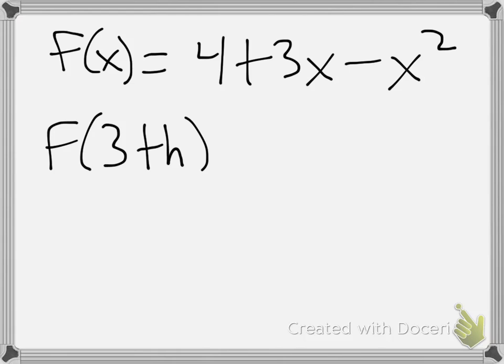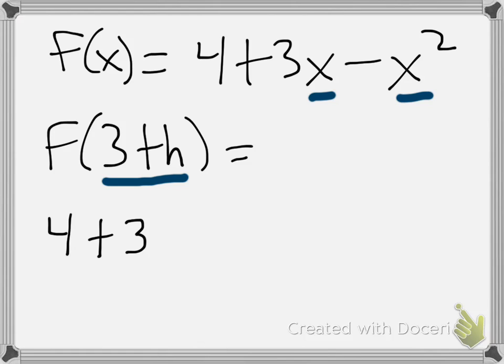So that whole expression, 3 plus h, that is now x. So everywhere I see x, whatever was happening to the x before, that's my x, 3 plus h. So what I need to do is take 4 plus 3 times x, but x is now this entire expression, 3 plus h.